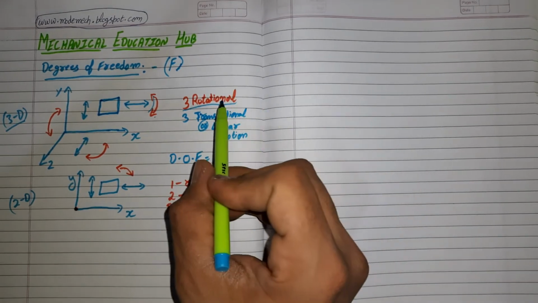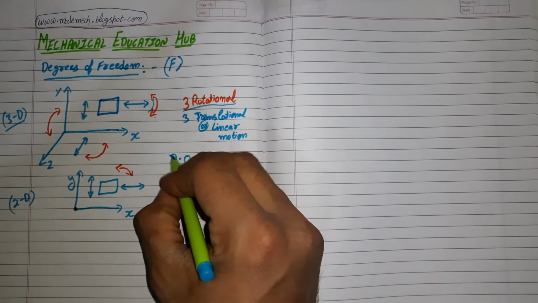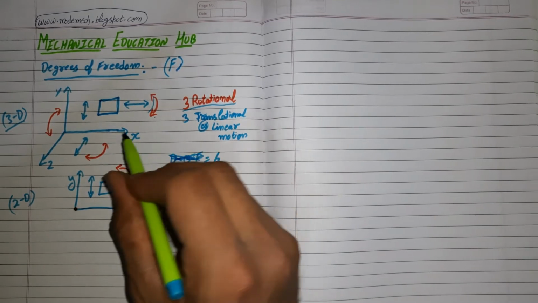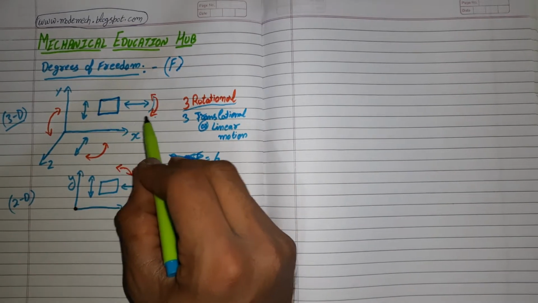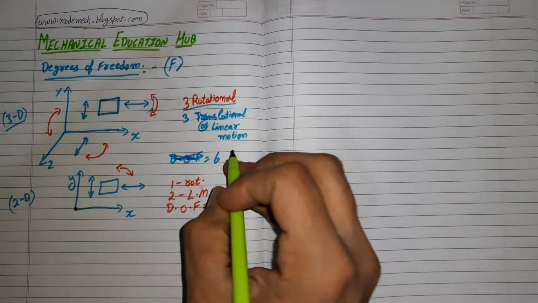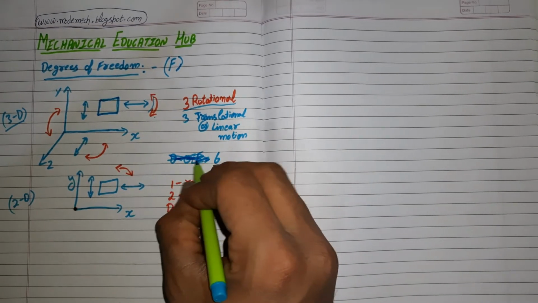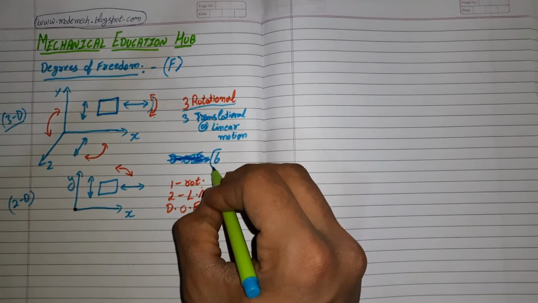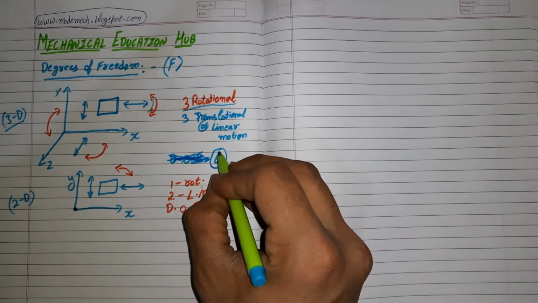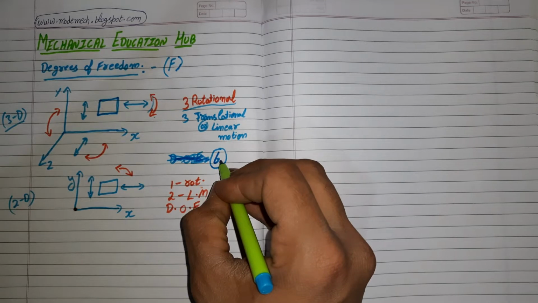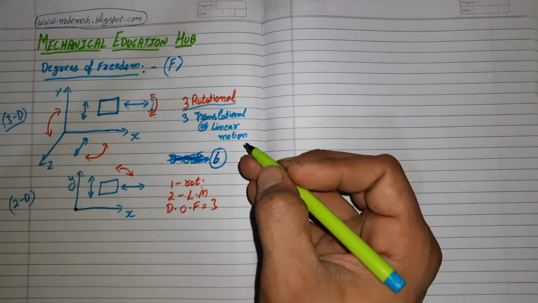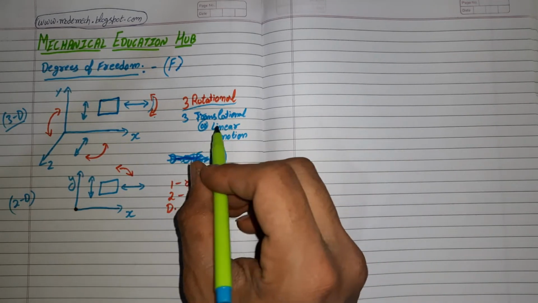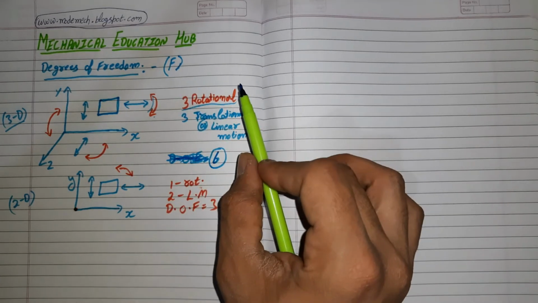So total number of possible motion which this object can have is 6. This object has 6 maximum possible motion.